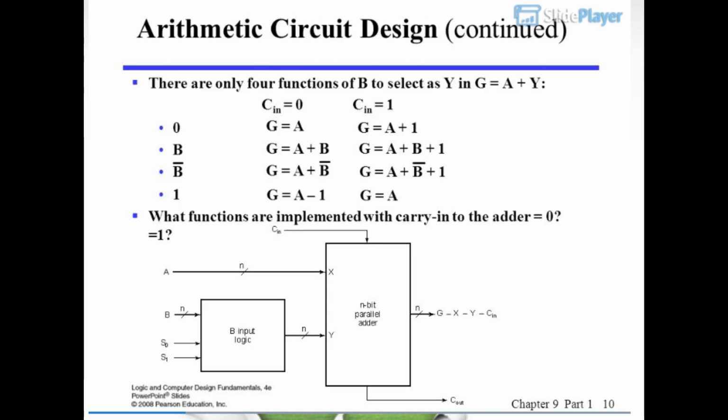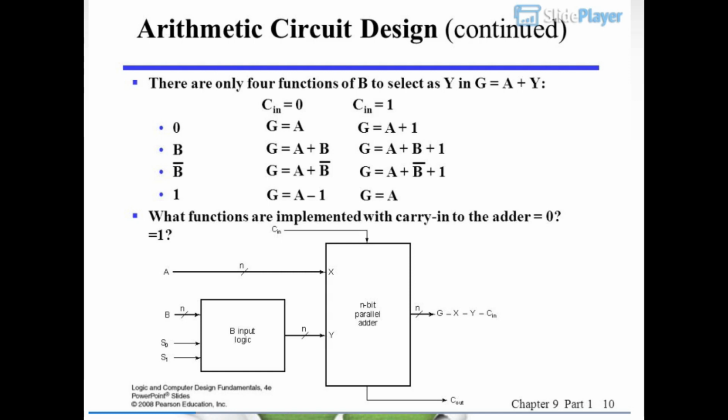Arithmetic circuit design, continued. There are only 4 functions of B to select as Y in G equals A plus Y. What functions are implemented with carry into the adder, Cin, equal to 0 and equal to 1? Cin equals 0: G equals A. Cin equals 1: G equals A plus 1.